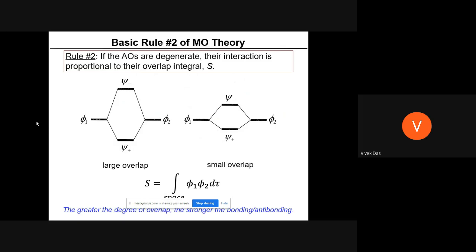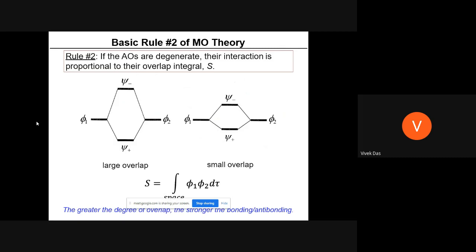The degree of overlap determines how strong the bond is. If the overlap is very large, then the gap is also large, because the stronger the bonding, the stronger the anti-bonding. So by the degree of overlap we determine the strength of a bond.